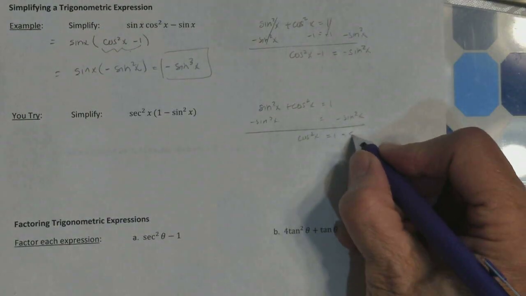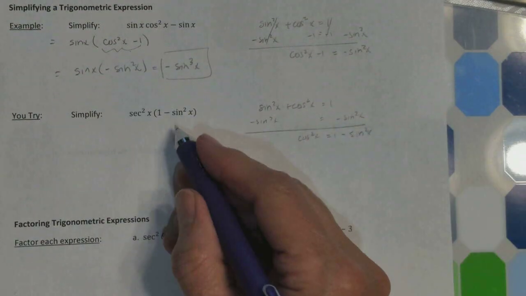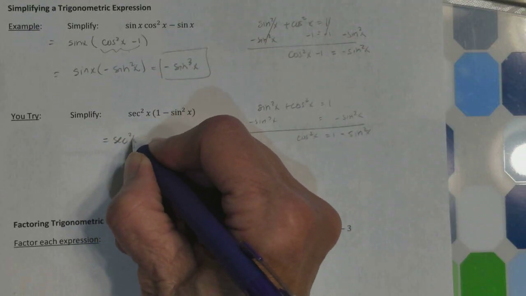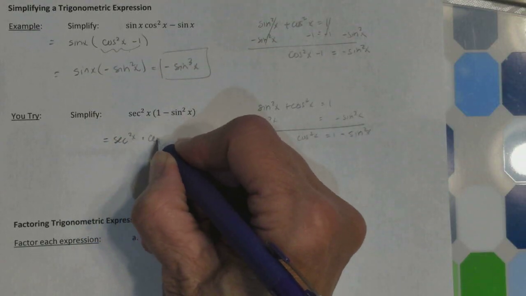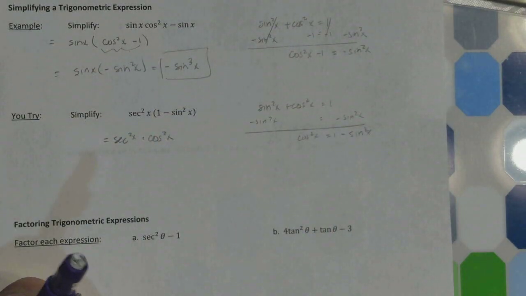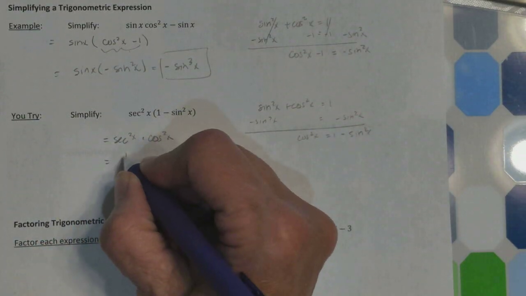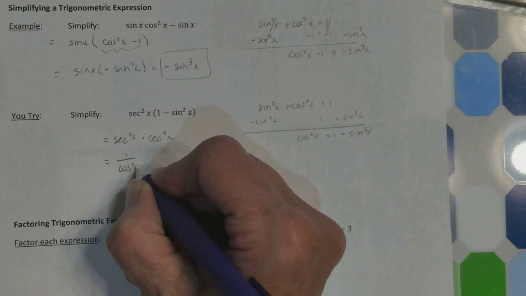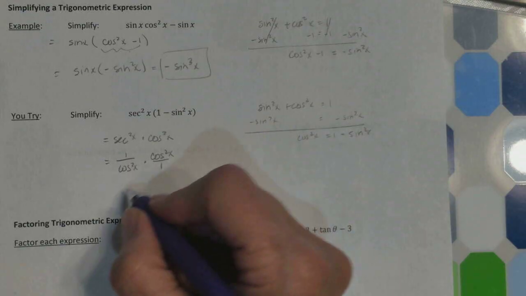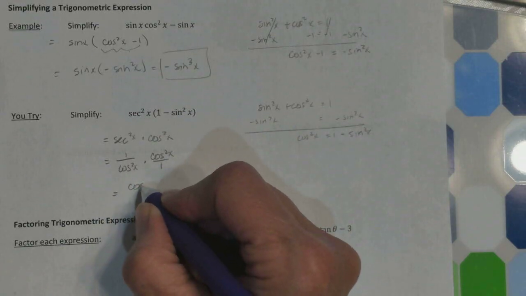Alright, so here I have secant squared x times 1 minus sine squared x. This again is coming from the Pythagorean identity, sine squared x. If I subtract sine squared x from both sides, I would end up with cosine squared x is 1 minus sine squared x. So I can replace this with cosine squared x.